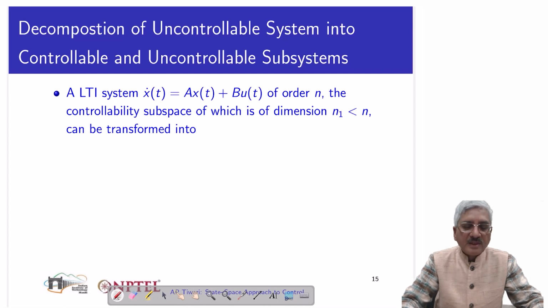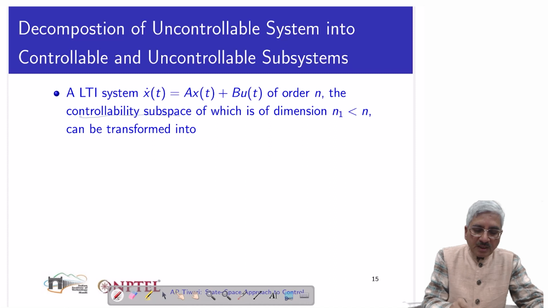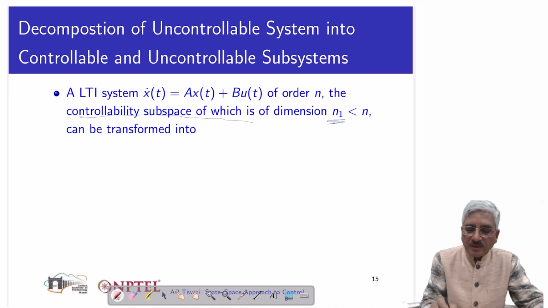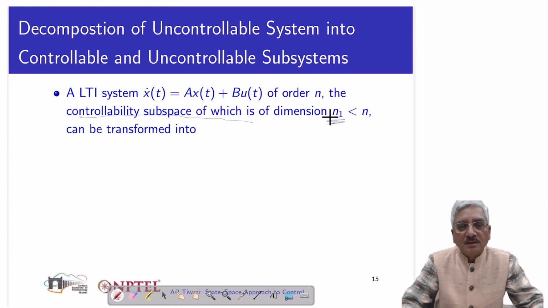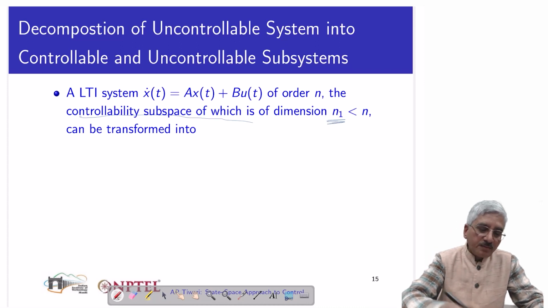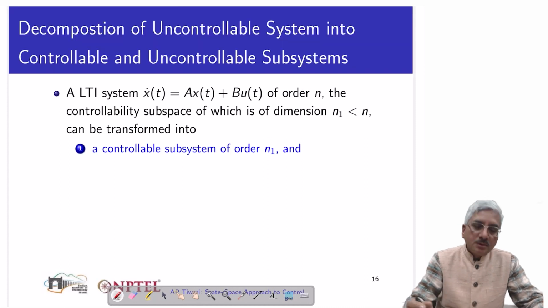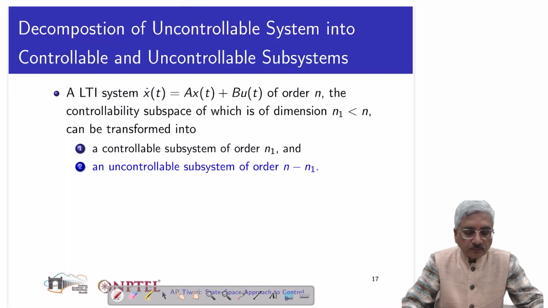So if a system comes out to be not completely controllable and its controllability subspace is of lower dimension than the dimension of the state space, then this system can be transformed into two subsystems.